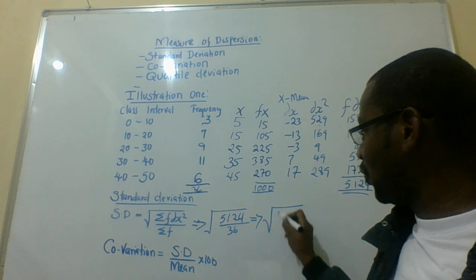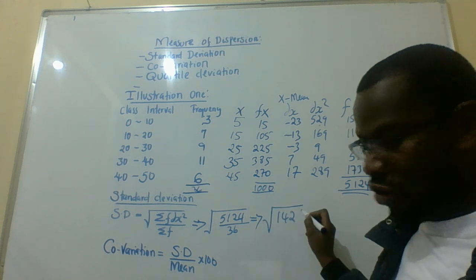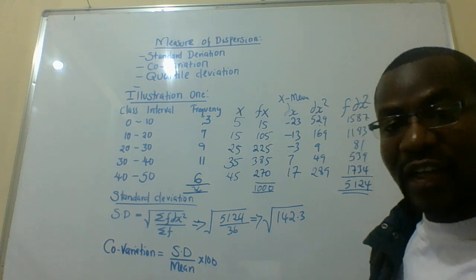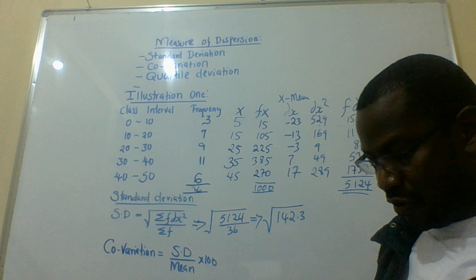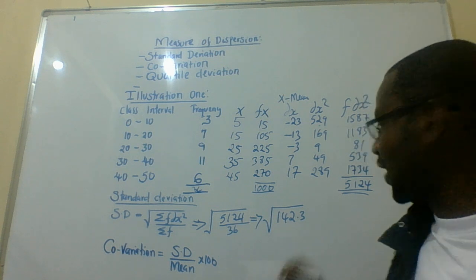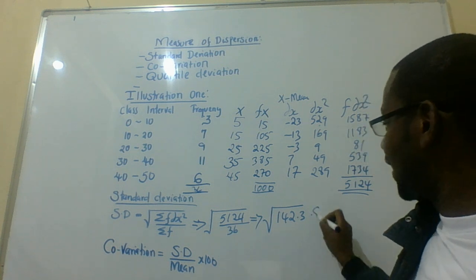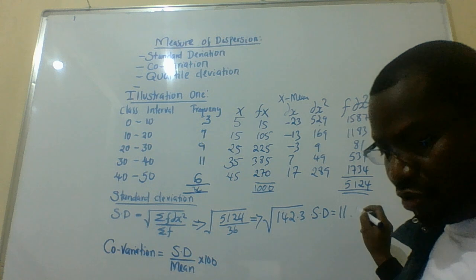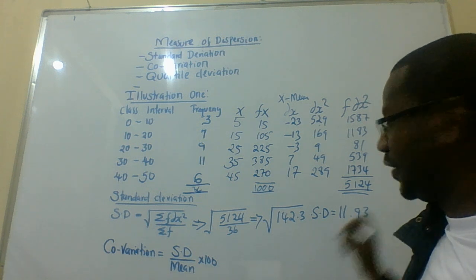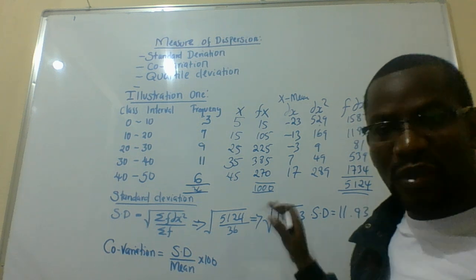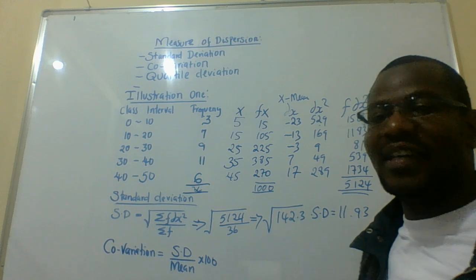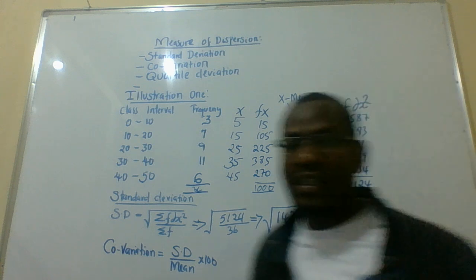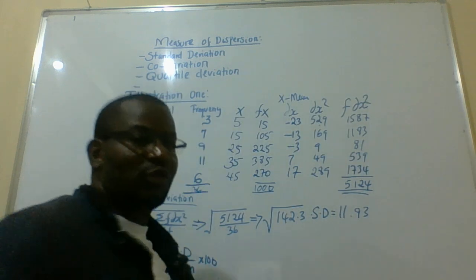So the square root of 142.3. Using your calculator, it is 11.93. SD is equal to 11.93. So this is how we calculate standard deviation.